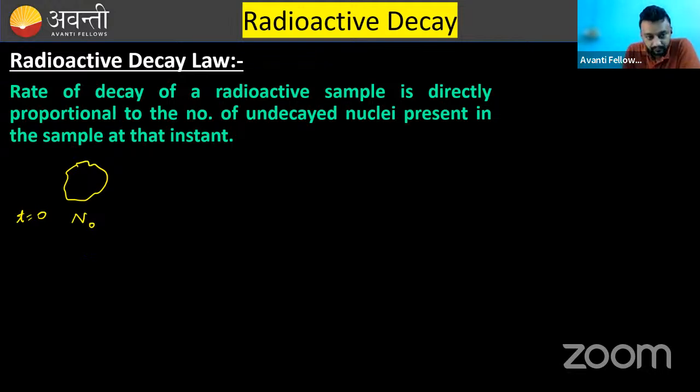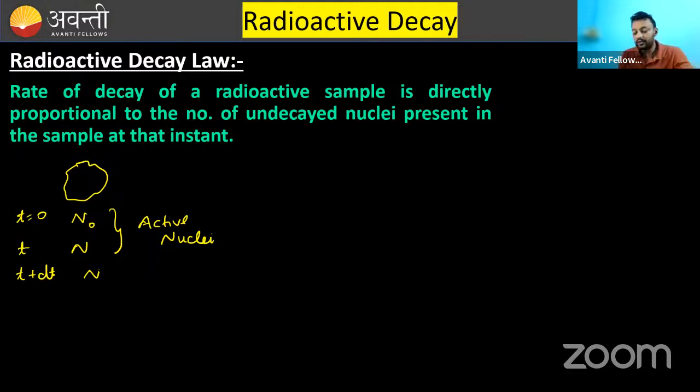These are N naught. And at time t, they decrease to N. Now they have disintegrated. So these are the remaining number of active nuclei. Now, after a very small time, some more nuclei are disintegrated.